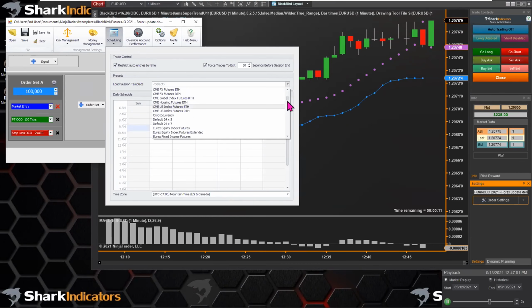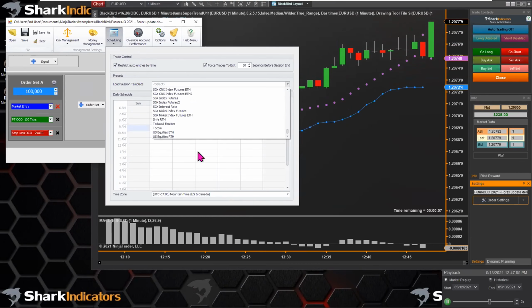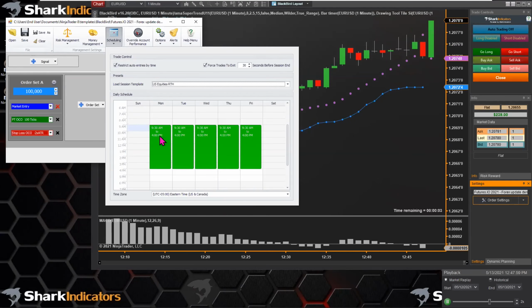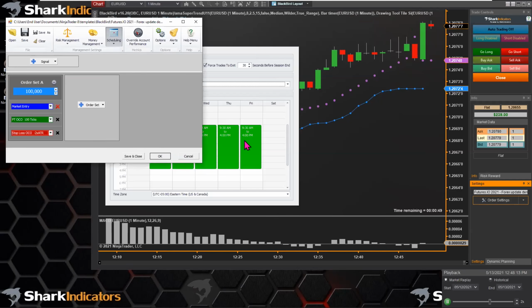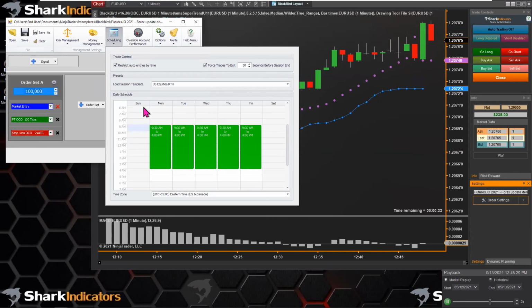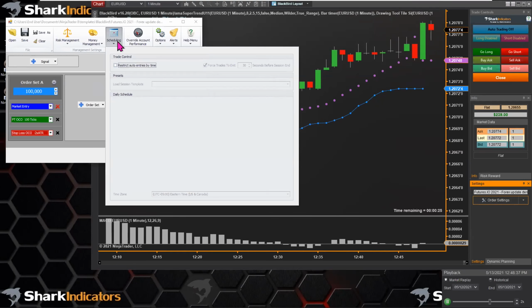Let me pull up the most common one. Most people are just going to use the US equities RTH. You can see in green these blocks of time, so you can tell BlackBird when it's allowed to trade. So, there's the scheduling.